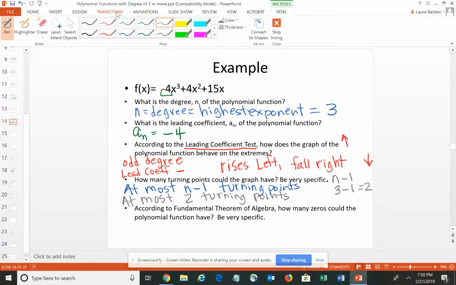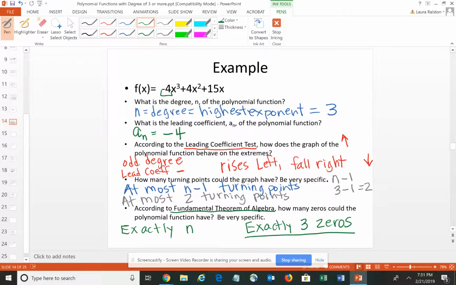Then it asks me, according to the fundamental theorem of algebra, how many zeros could the polynomial function have? Remember, the rule or the guideline there says you're going to have exactly n. So it's equal to the degree. So we would have exactly 3 zeros. Now, I don't know whether those zeros are real or imaginary.